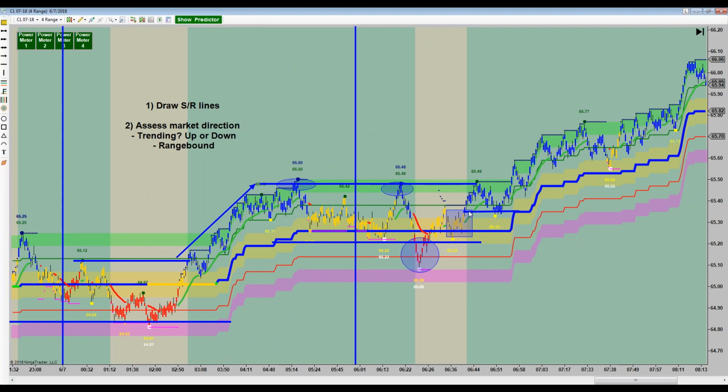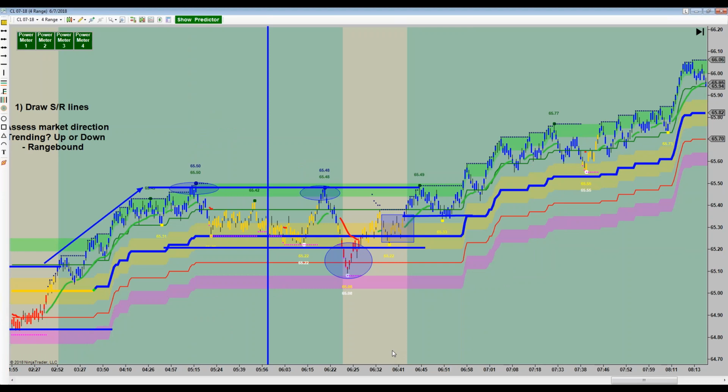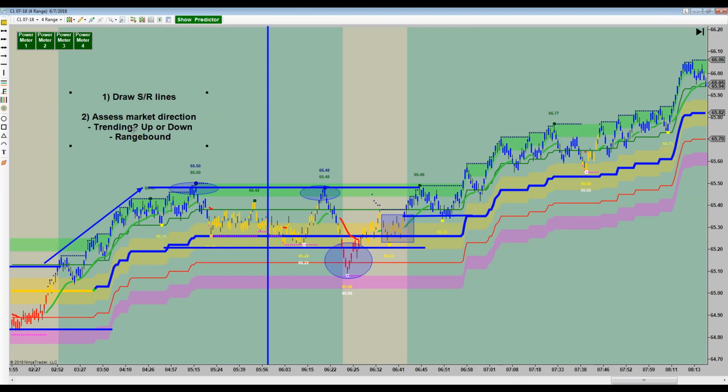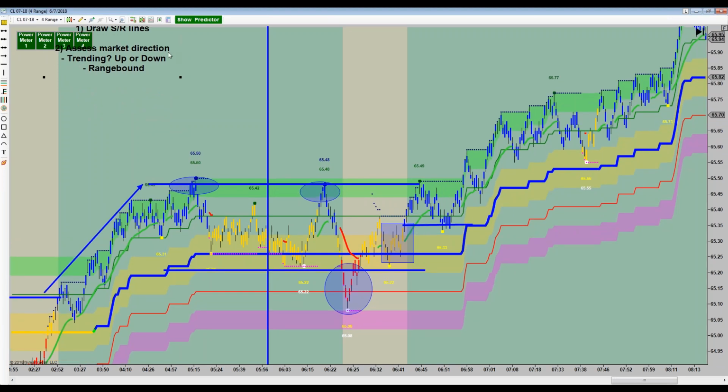Now, after this initial trade entry, another pop quiz, and I'll give you 10 seconds for this one. Was there another trade entry on this chart on crude? And if there is, where is it located, either time-wise or price-wise? Just type it in.